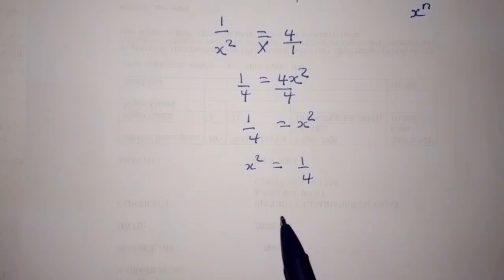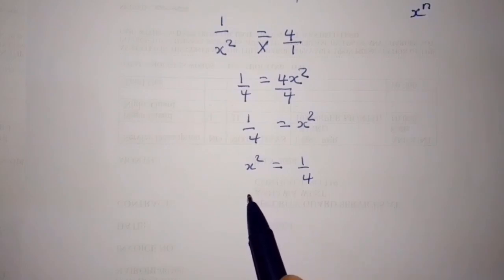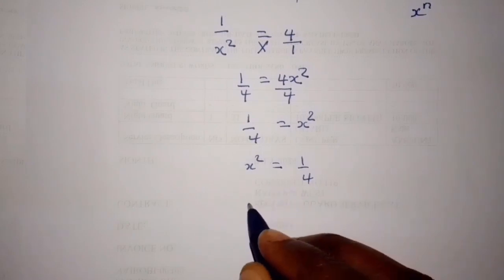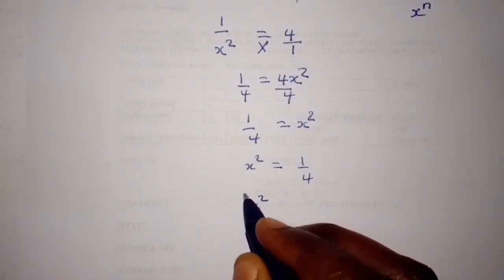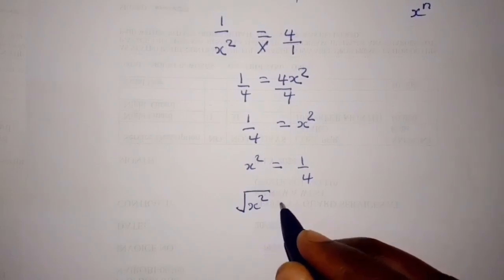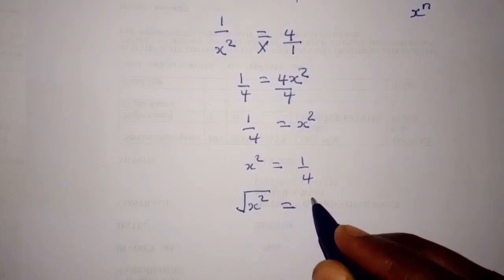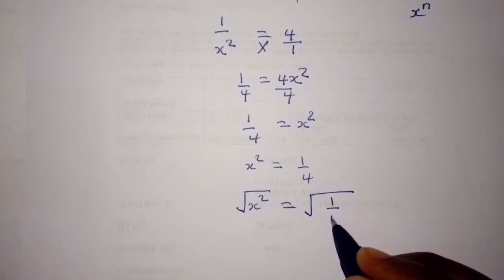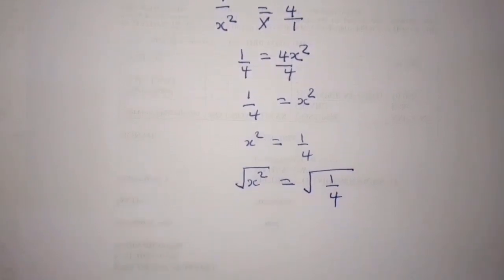Then we take the square root of both sides. So we can say that the square root of x squared is equal to the square root of 1 over 4.